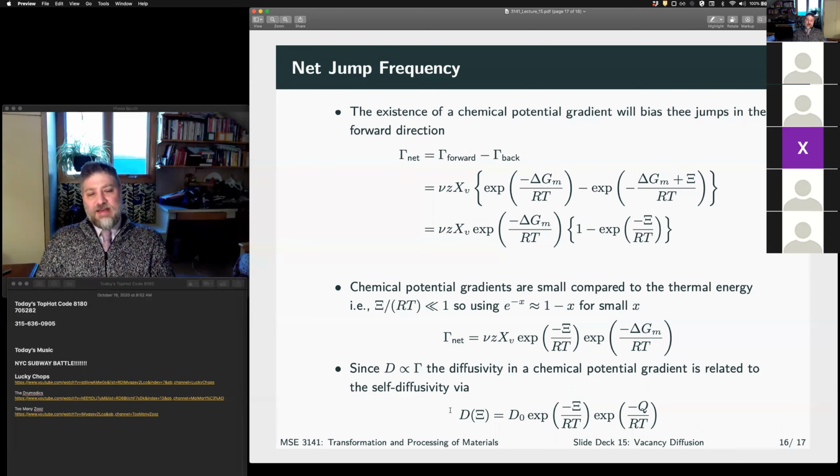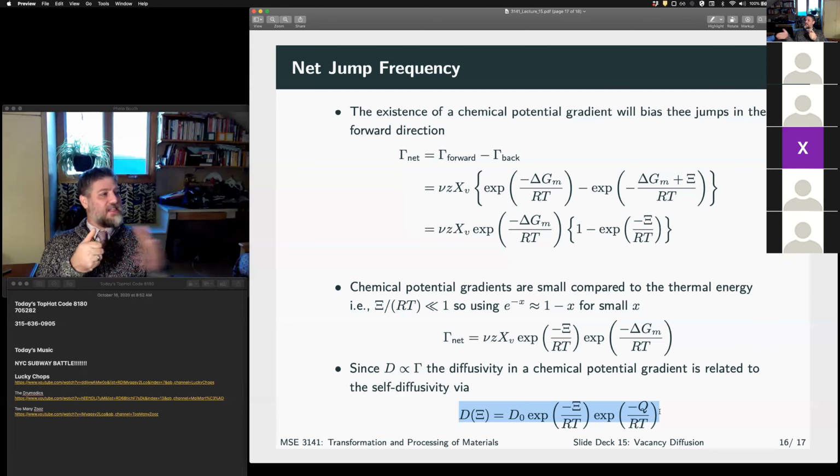Remember at the beginning of the year, I said there are a couple things I expect you to know: the common tangent construction, Scheil solidification, and the temperature dependence of diffusion. This is it. This is the one thing. There are two things for diffusion that you have to think about. One is the length scale, which is going to be the square root of Dt.